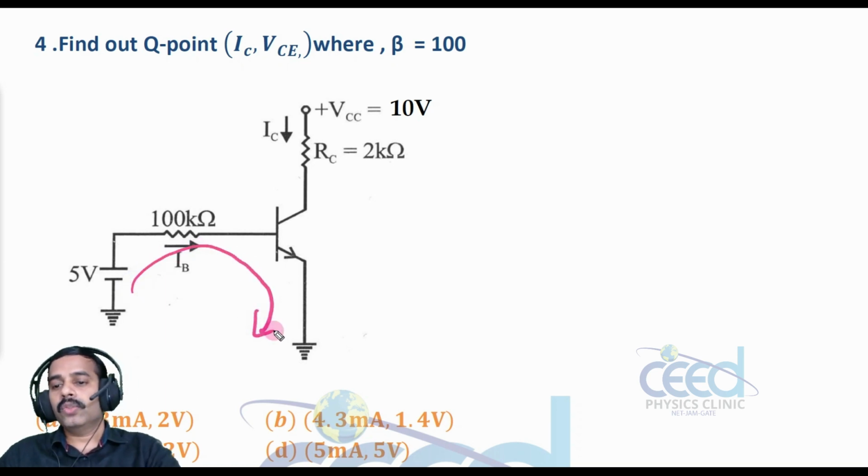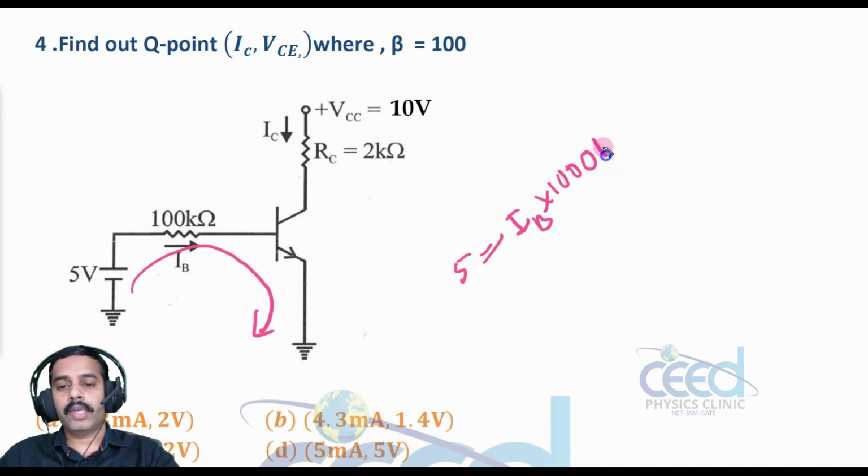All right. So 5 volt is equal to IB into 1000 kilo ohm, right? For a common emitter amplifier, we will usually select the base emitter voltage as 0.7.